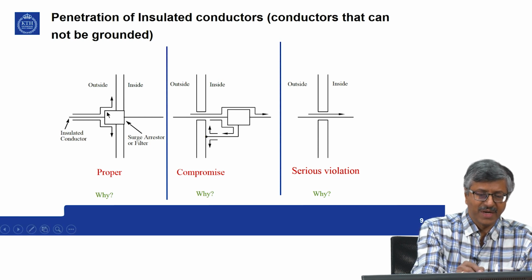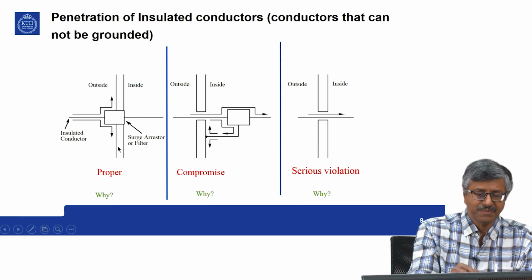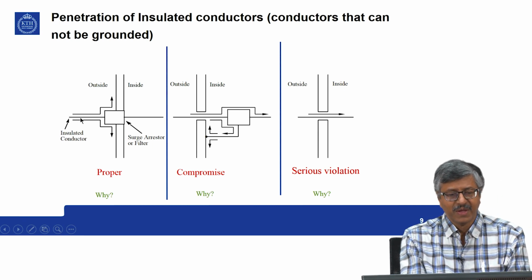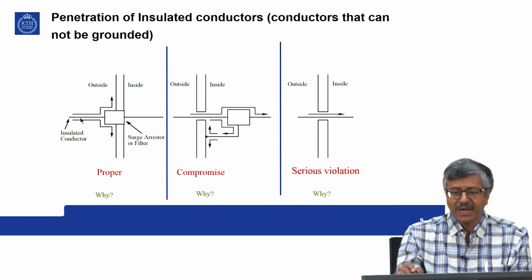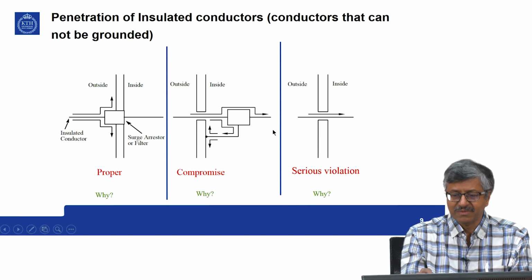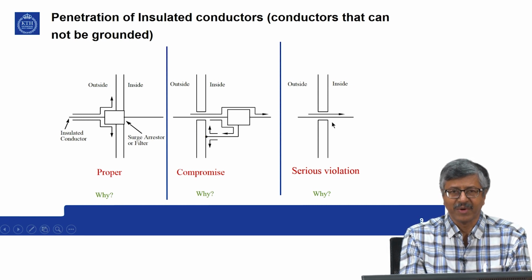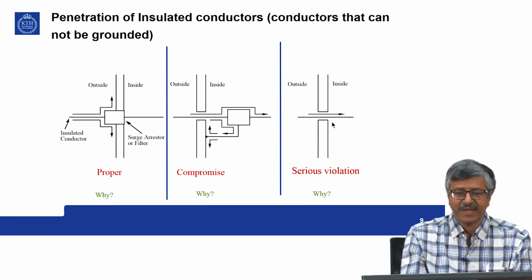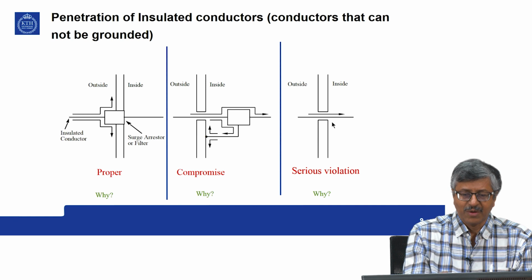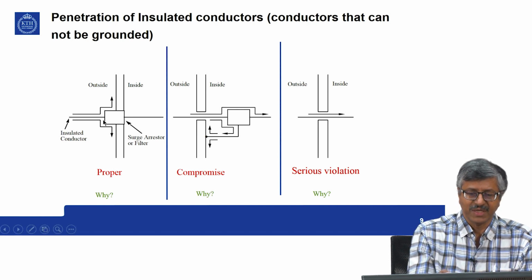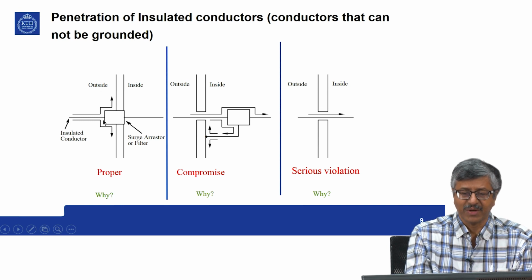You connect the filter flush with this, so that noises are confined to the outside, and this is a serious violation without any filters or surge arrestors, directly taking in the power cable through it, and this is a compromise. If you can't connect flush with it, you can do it in this particular way also.